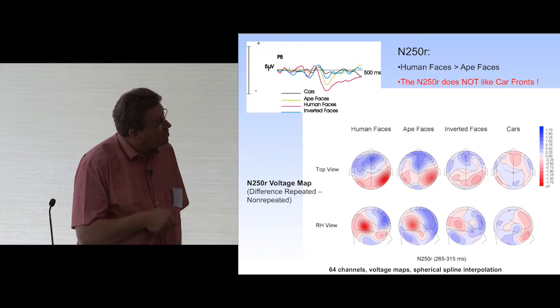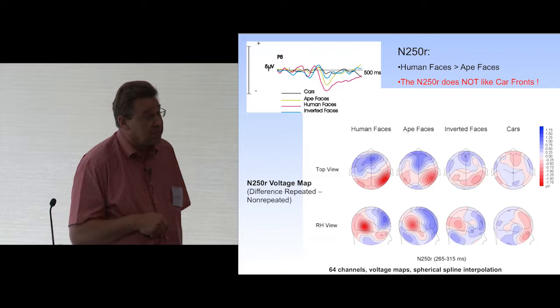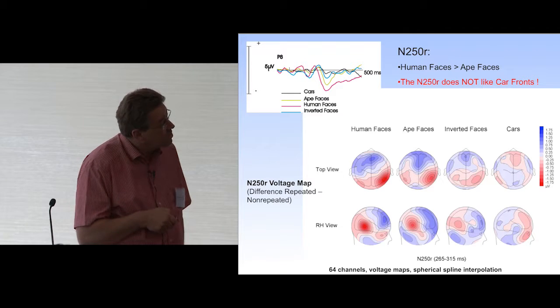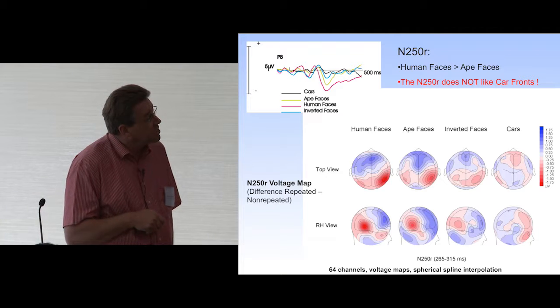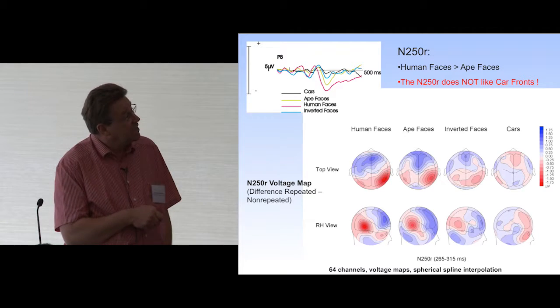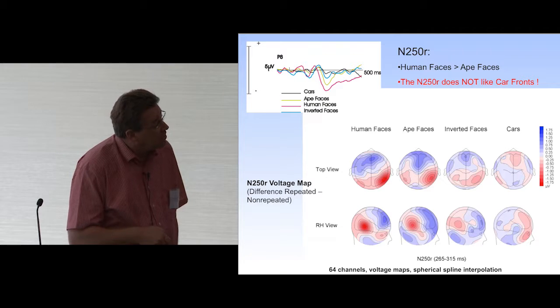So what you see on the top left is actually the difference between repeated and unrepeated stimuli for different categories. And you see this large N250R response for human faces. You basically see no modulation for cars.